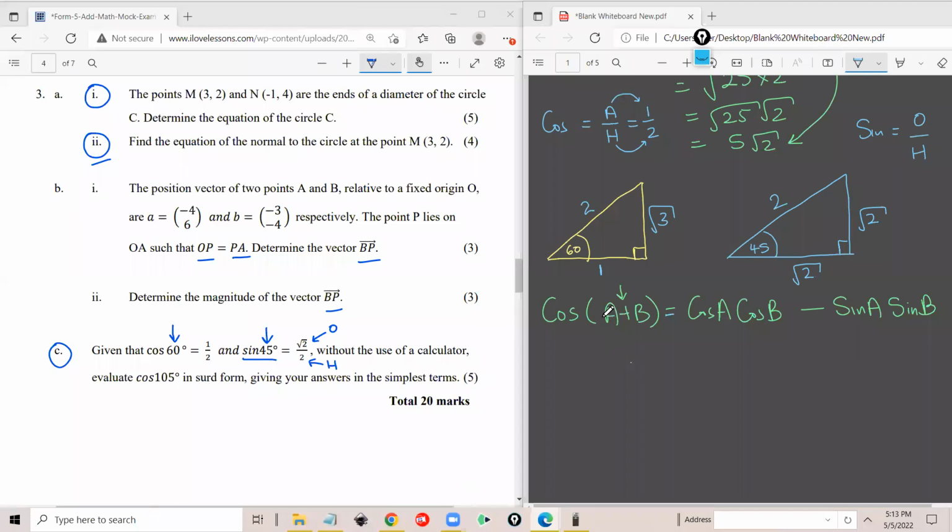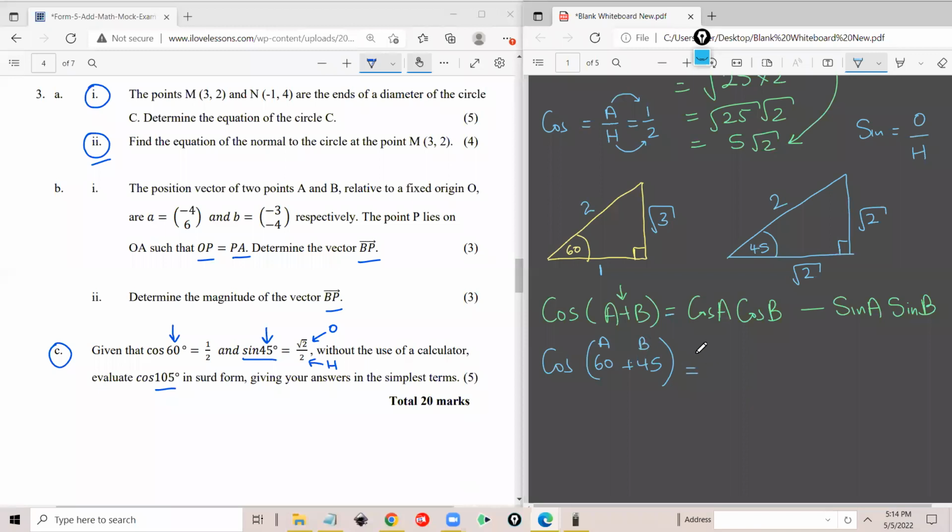Oh, you all realize cos A plus B, right? The number they want us to find is cos 105. So it's no coincidence, 60 plus 45 is 105. With that in mind, well, I guess you're realizing this is A, and this is what?